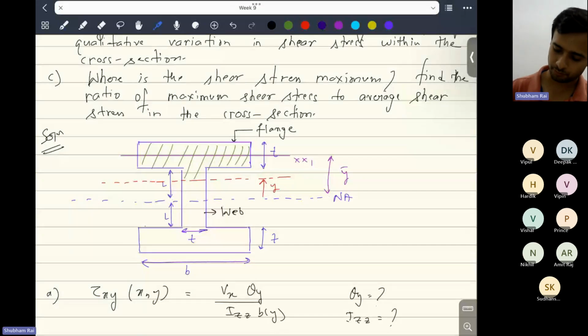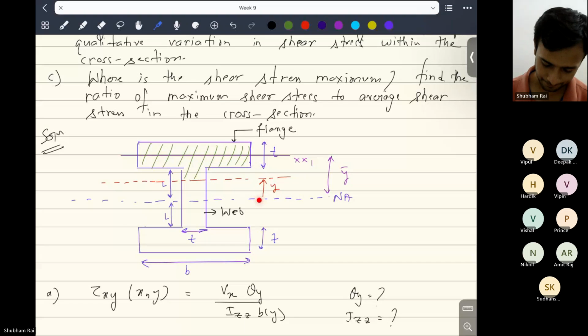There are two parts: one part is this web and one part is this flange. For this flange, Y bar into A will be, since this is the whole flange, the Y coordinate from this point.